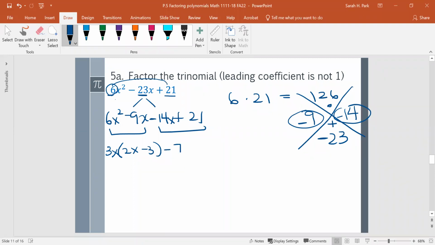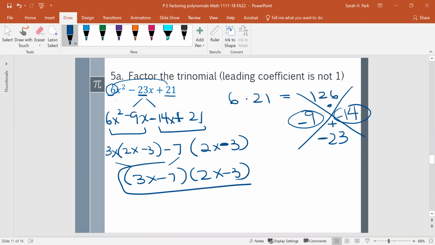We're going to factor out a negative 7, leaving us with 2x minus 3 again. Here it's a negative because if you have a positive 21, we divide out a negative 7, you get a negative 3. Now we're going to just put these terms 3x minus 7 together and 2x minus 3 together. So if you're not sure about your factors, just check by FOIL using the box method.